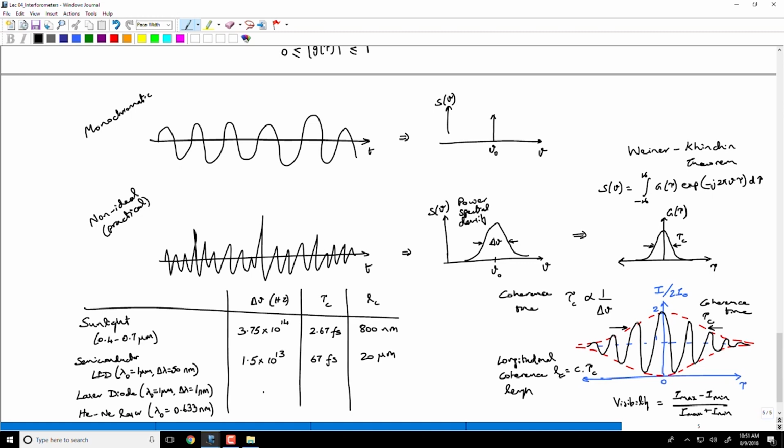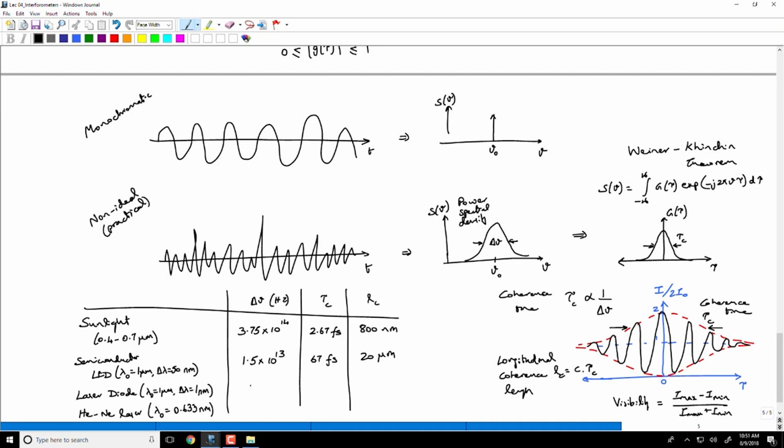So, with sunlight, when D2 equals D1 you get to see some fringes, some maxima and minima, but the moment you move even a fraction of a micron, you lose all your fringes. So, it's very hard to make interference fringes with sunlight.